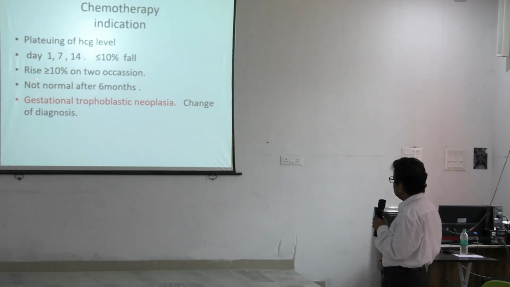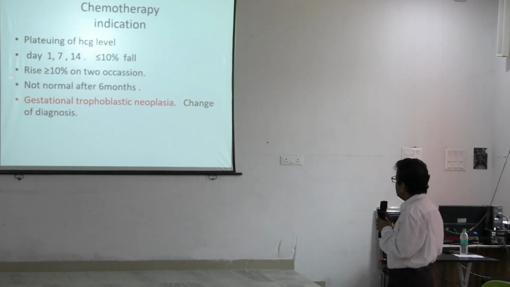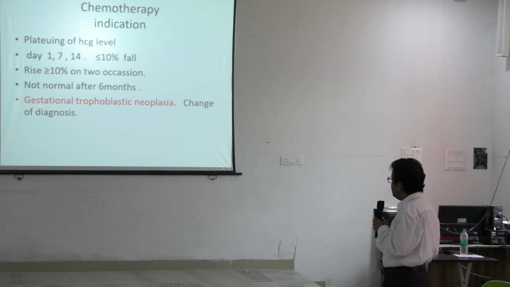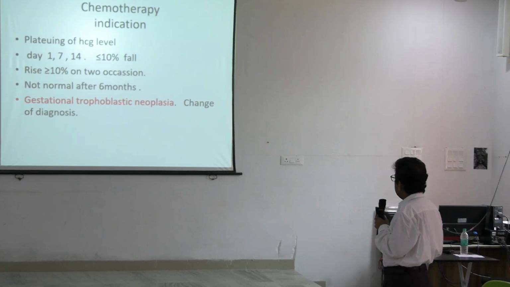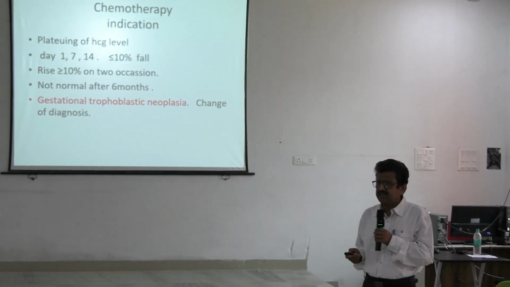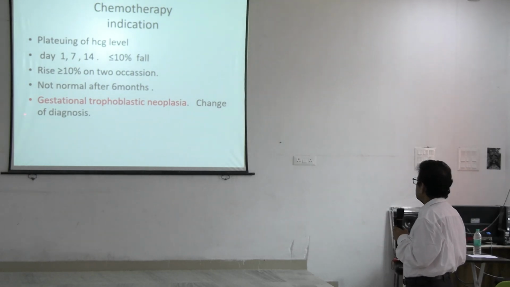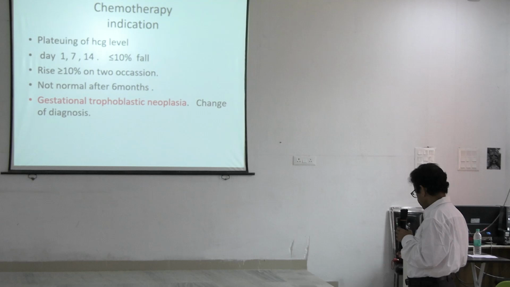Whenever it does not fall to normal by 6 months, or if it is rising, it will be called gestational trophoblastic neoplasia. It was a molar pregnancy, which was benign in nature, but gestational trophoblastic neoplasia is not benign. It is a malignancy, so the diagnosis will be changed. So, change of diagnosis.